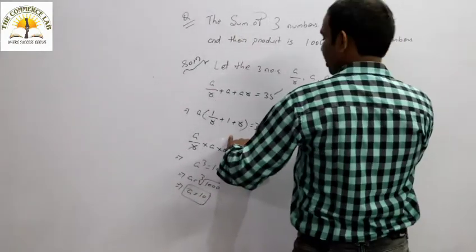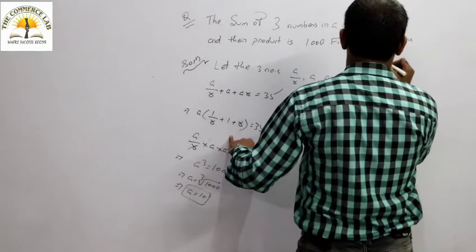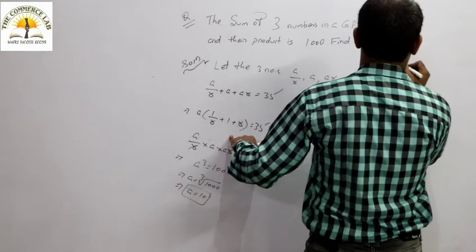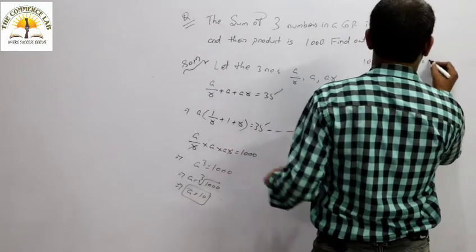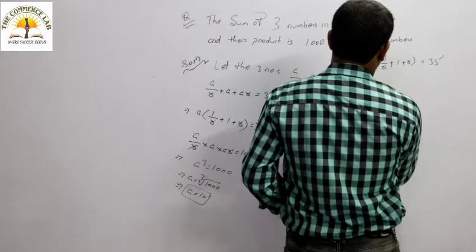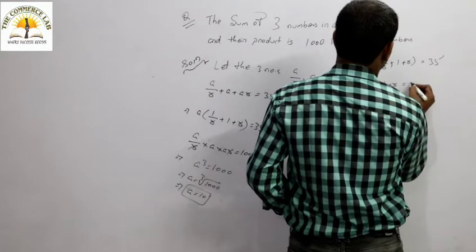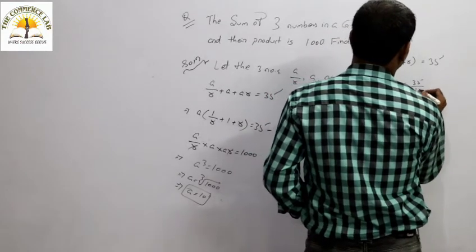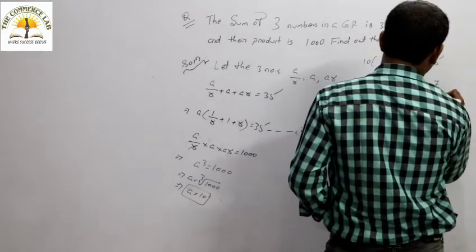it becomes 10 into 1 by R plus 1 plus R is equal to 35. This implies 1 by R plus 1 plus R is equal to 35 by 10, or 7 by 2.